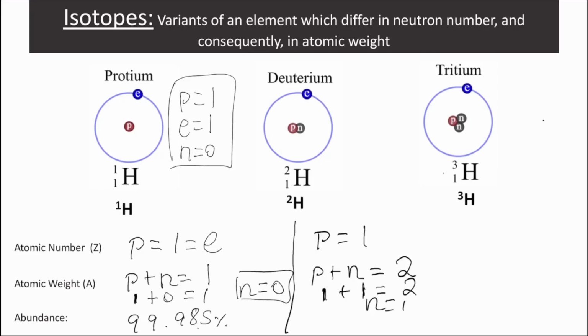So neutron is equal to 1. The abundance for this is 0.015%. So what makes deuterium what it is: having one proton and then one electron to keep neutrality and one neutron.